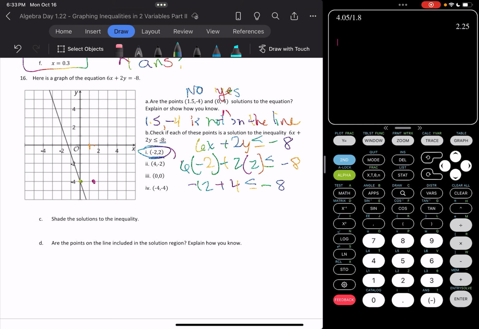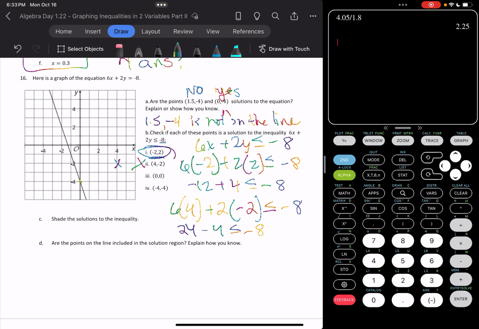4, comma, negative 2. So 6 times 4 plus 2 times negative 2. I can already tell this is not going to be less than, because we get 24 minus 4 is less than or equal to negative 8. 20 is not less than negative 8, so this is not a solution. So 4, comma, negative 2 right here is not a solution, okay?